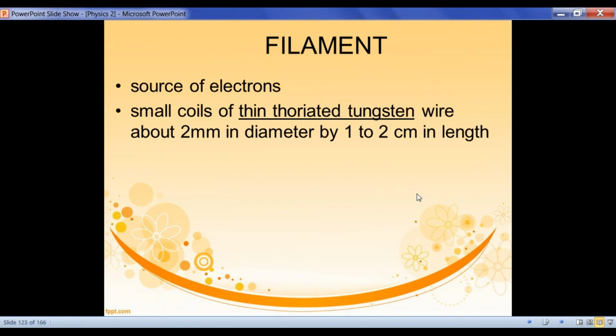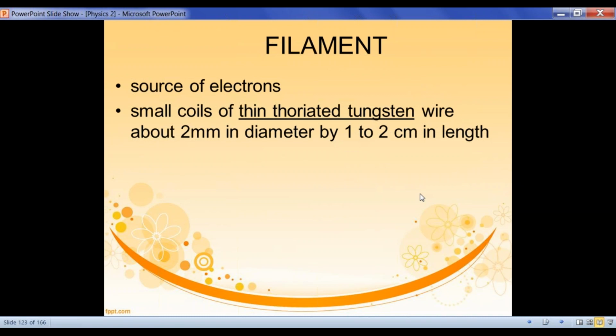Dahil palagi po siyang nag-iinit, kailangan po siyang mag-init para po makapag-produce tayo ng electrons. Kasi po, pag hindi po siya ganun kainit, hindi rin po siya magpo-produce ng electrons. Or kung mag-produce po siya ng electrons, hindi po ganun ka-dami.